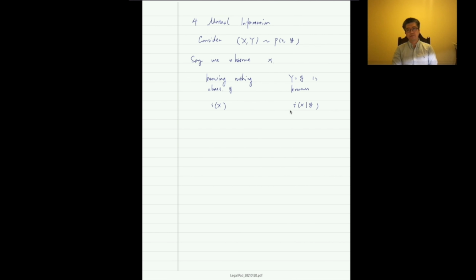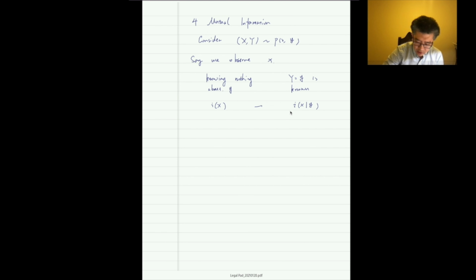In other words, what is the reduction of the uncertainty of the outcome x if we observe y? It means we need to use the first term minus the second term. The formula looks ugly, but it's this one minus that. That is the reduction of the uncertainty if we observe y, but only for the single outcome x.